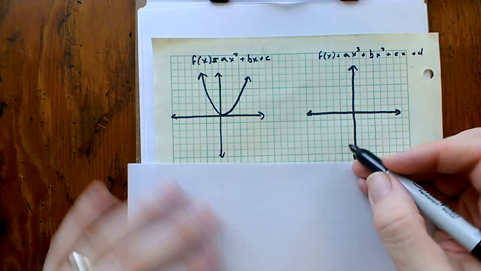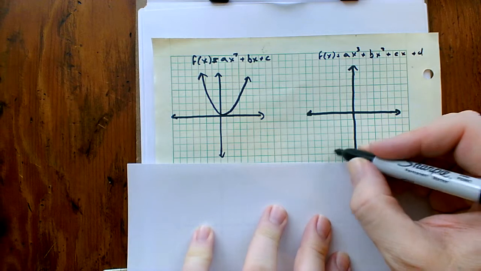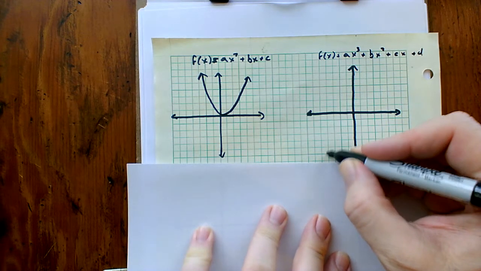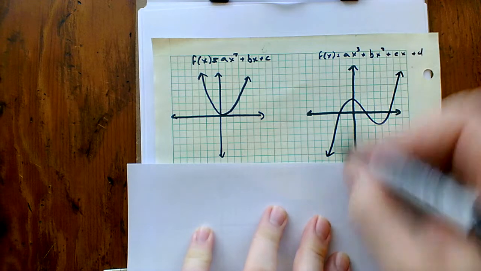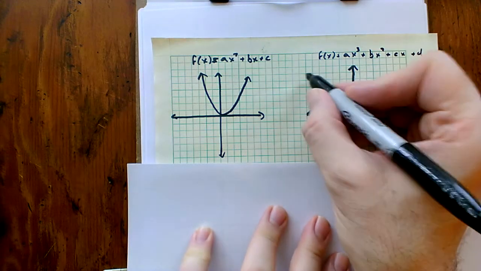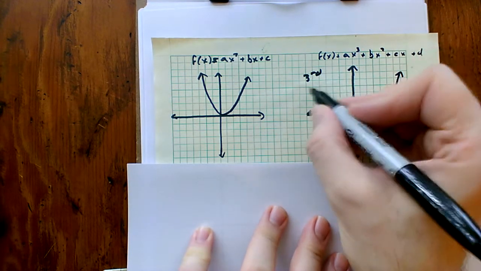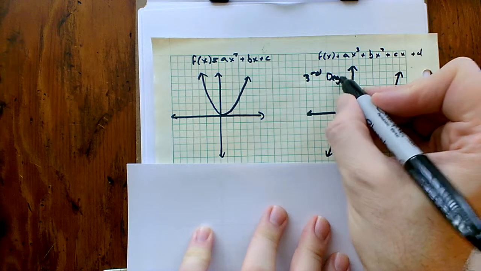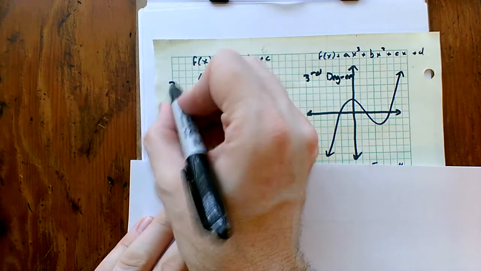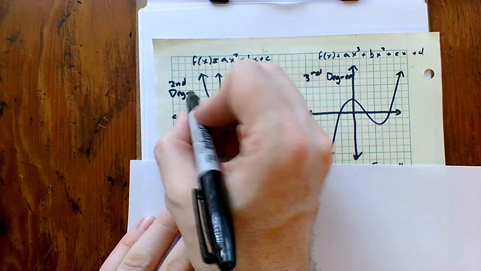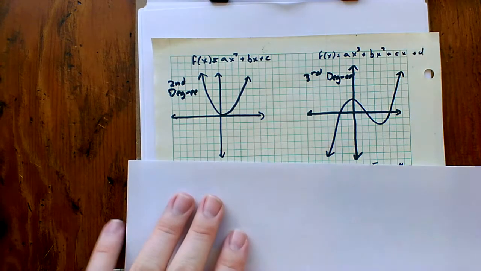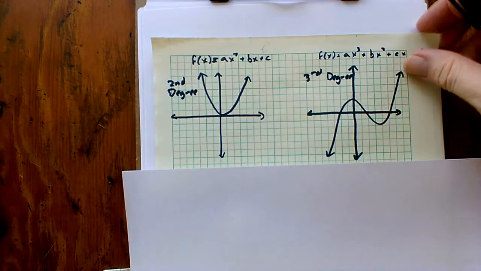Now, here I've got a cubic. With a cubic function, I'm going to start with one end down and end with another end up. So this is a 3rd degree. This one was 2nd degree.